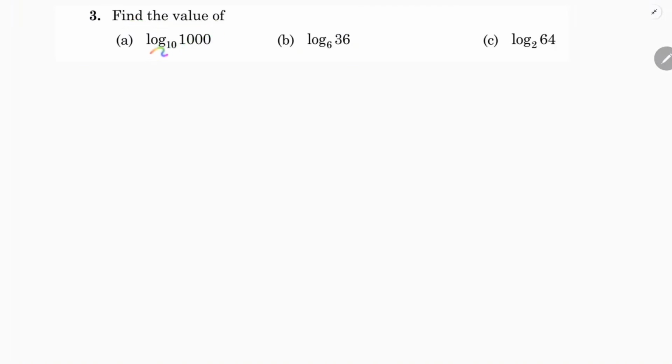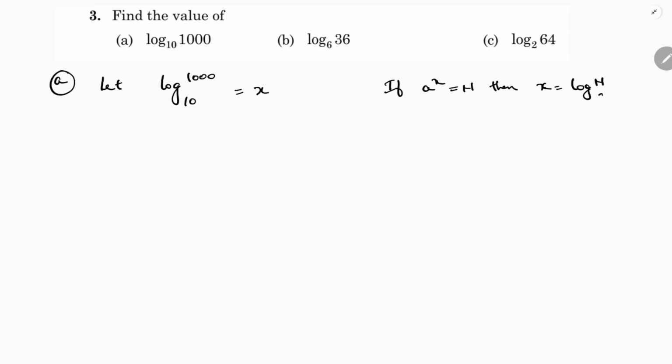Find the value of log 1000 to the base 10. So here, the first question, I'll consider log 1000 to the base 10 equals x. Now this is in logarithm form. I'll convert this into exponential form. According to the definition, if a power x equals n, then x equals log n to the base a.